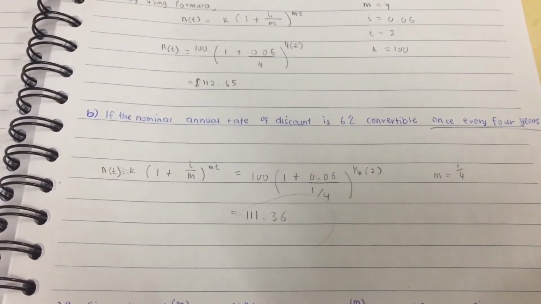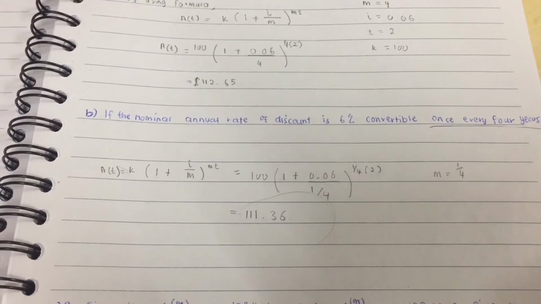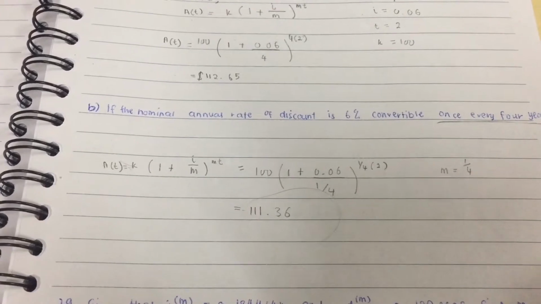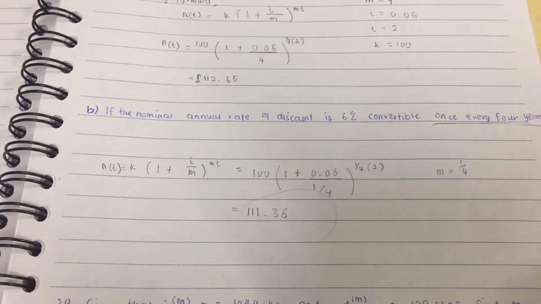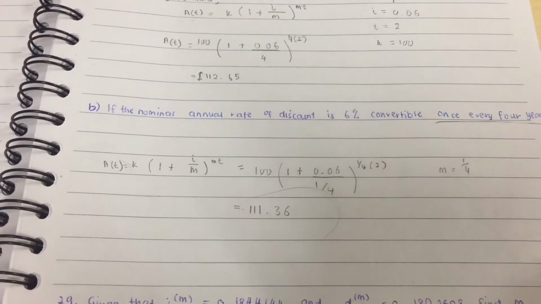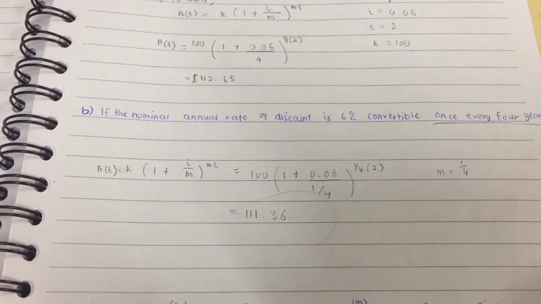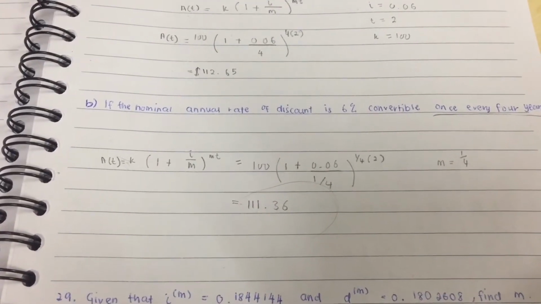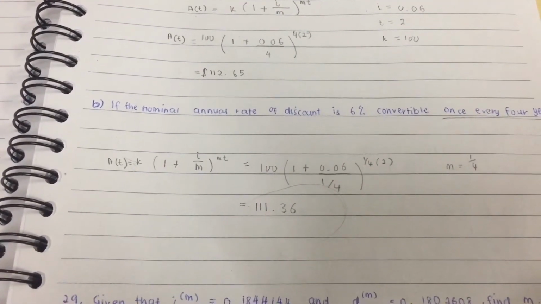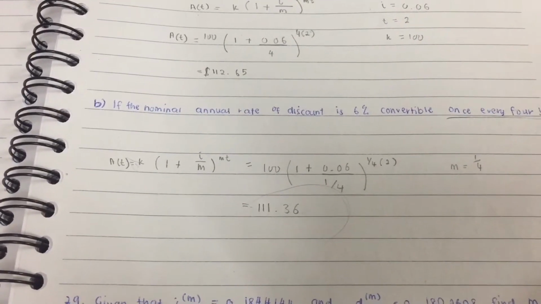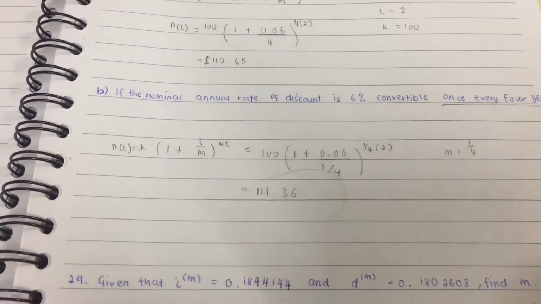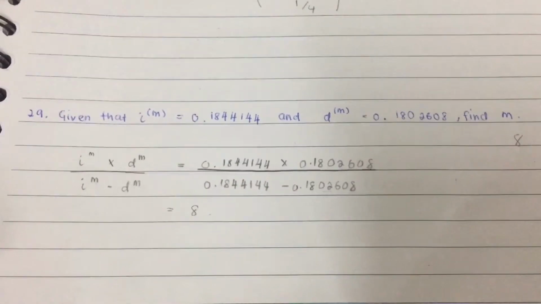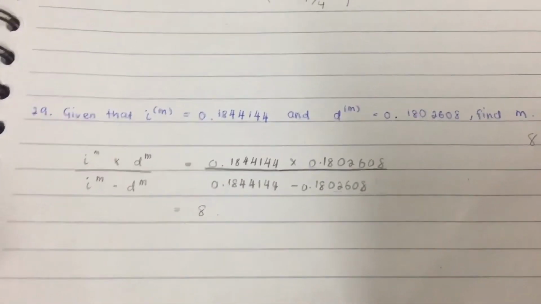So A(t) equals K times (1 plus I over M) to the power of M times T. So 100 K dia darab dengan 1 tambah I 0.06 bagi dengan M 1/4 power 1/4 times 2. So dapat 111.36.